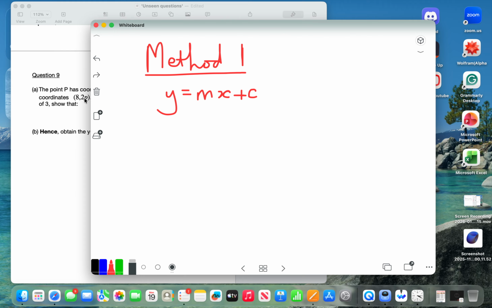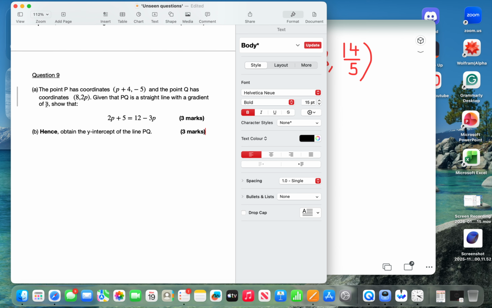So taking the point (8, 14 over 5), we get the y coordinate is 14 over 5. The gradient is in the question, it's 3.